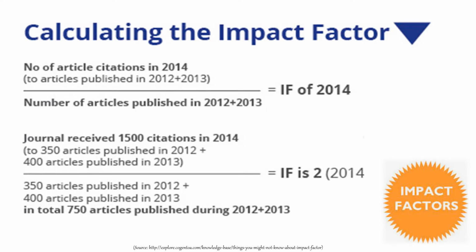This is how we calculate it: the number of citations in 2014 to articles published in 2012 and 2013, divided by the number of articles published in 2012 plus 2013, will get you the impact factor of 2014.